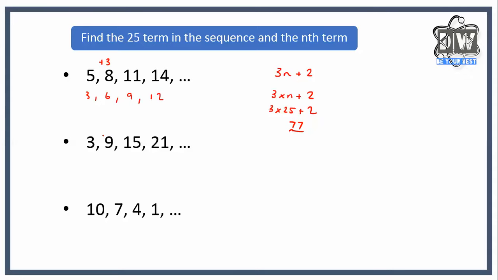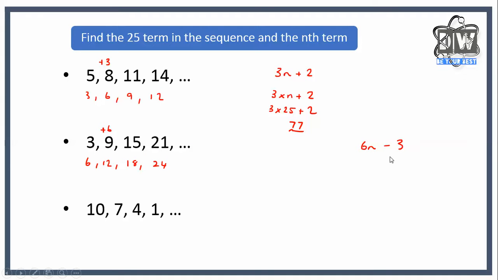Now, let's do this for these ones. Remember, this is quite tough, but we might need to use our calculator on this for some of us. But let's do this one. So we're going up by 6. So let's write the 6 times table. And we know that what do we have to do? So we've got our 6n, and we have to take away 3 each time.